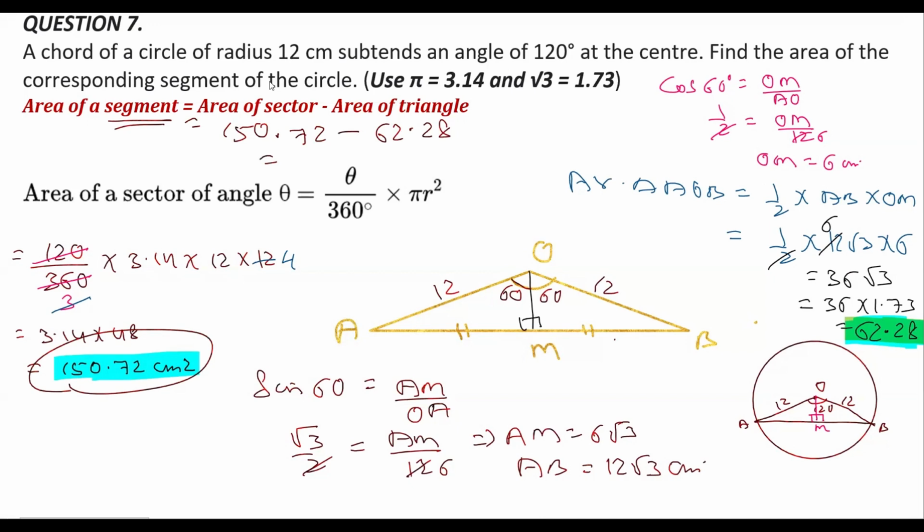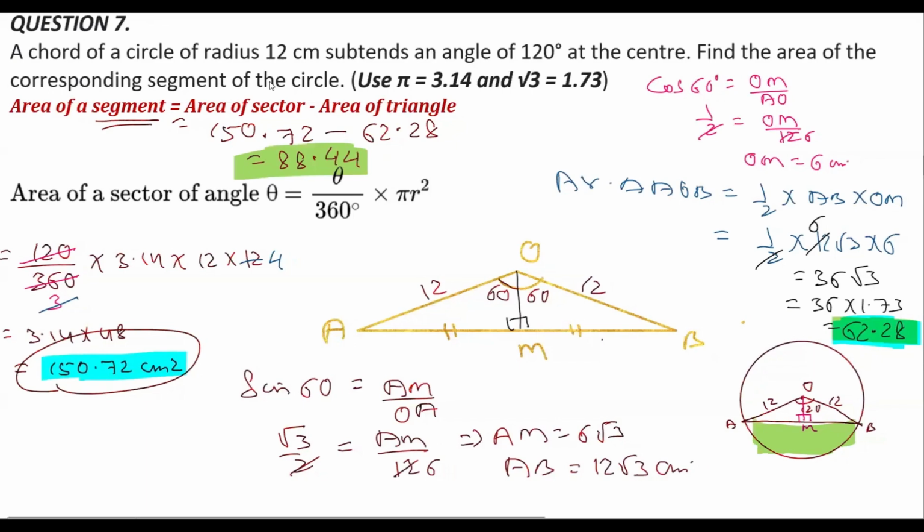And if I find its difference, it's 150.72, from which we have to subtract 62.28, and that gives us 88.44. So that should be the required area of this segment, and the segment clearly is this. Right.